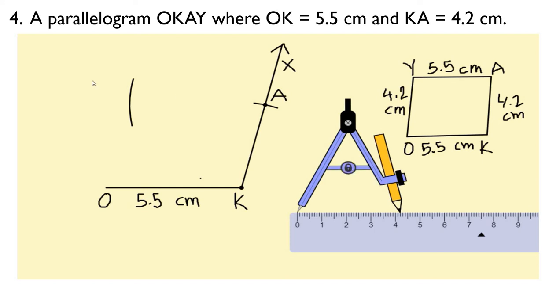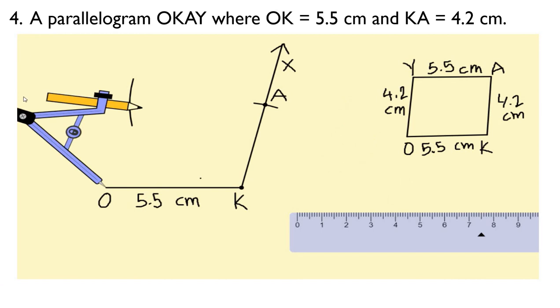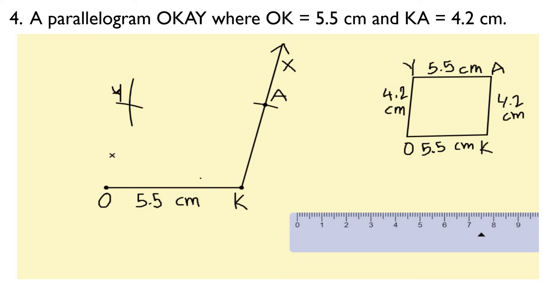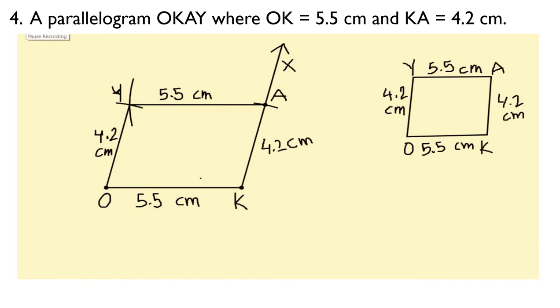Now with center O, we draw an arc of 4.2 centimeter which intersects the previous arc at vertex Y. Last, we join the vertices, that is YO and YA, and mark the measurements.